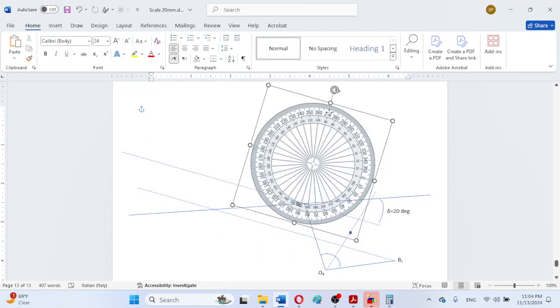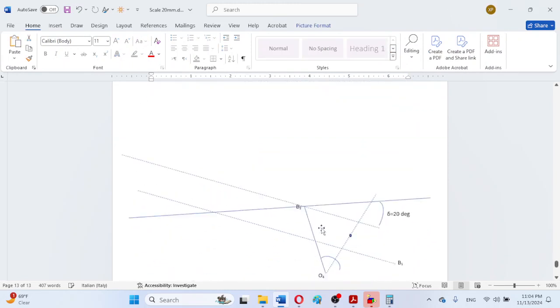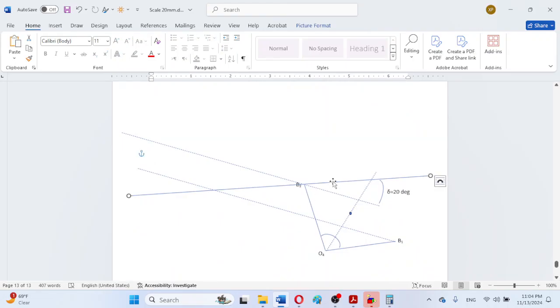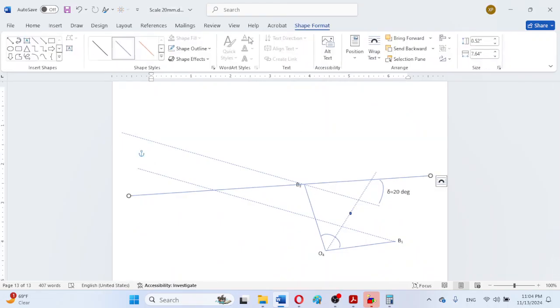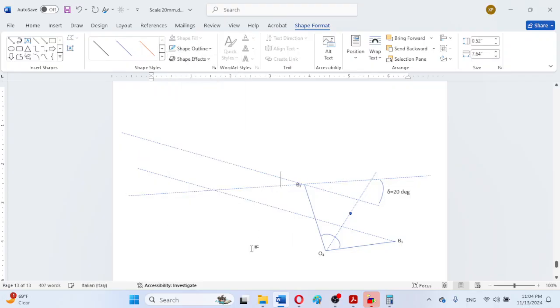And after that move this protractor out. Also you can convert this into a dashed pattern, because that is just a reference line.